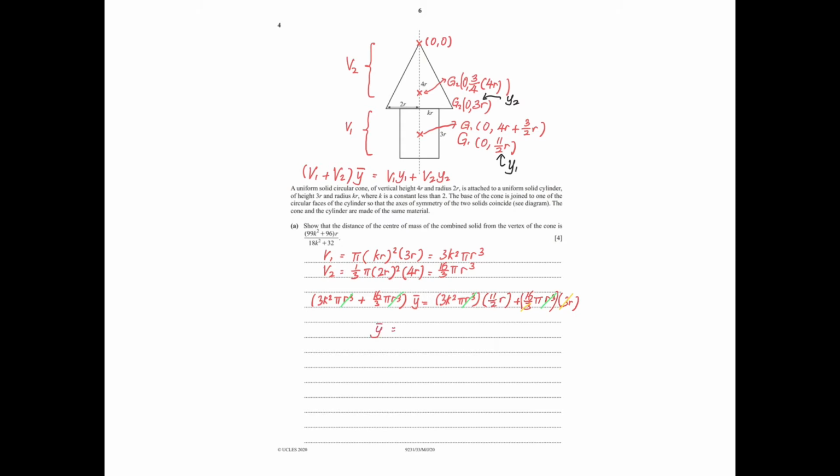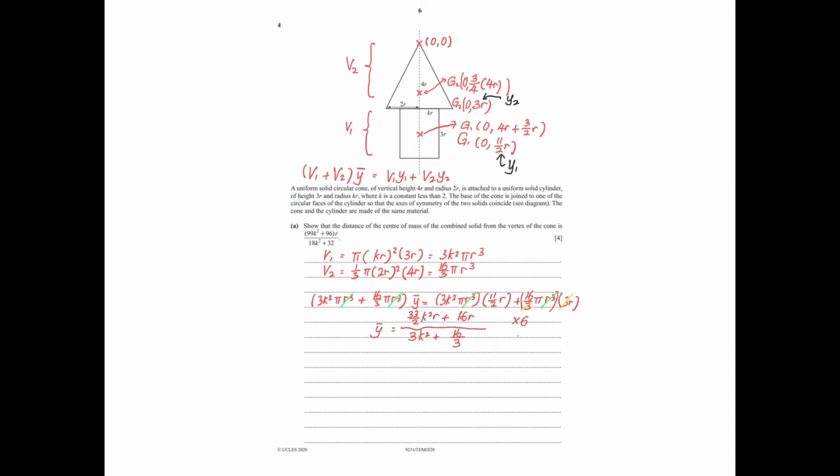So y bar is hence equal to 33/2 k square r plus 16r over 3k square plus 16/3. After you get this y bar, it is good to simplify it in this way.